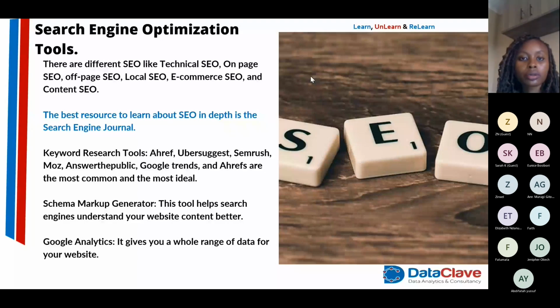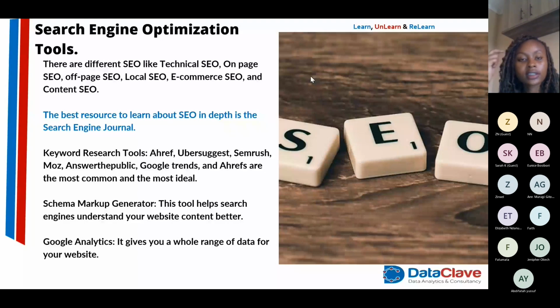We have local SEO, e-commerce SEO and also content SEO. There are different aspects of SEO. Maybe you can go through them on your own time and just understand what they mean and what they do.